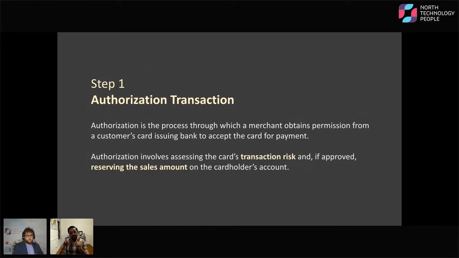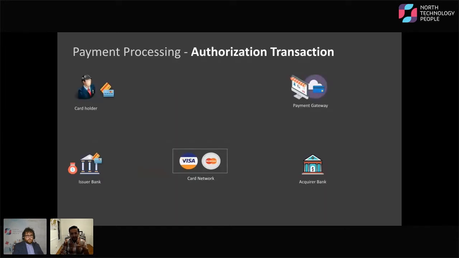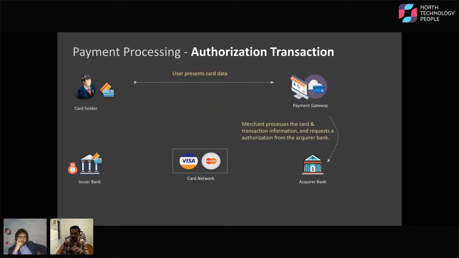The first step of a sale starts with an authorization transaction. So let's look at all these parties involved. The cardholder presents the card data to the online shop, where the gateway compliantly receives this data. Maybe some of you have heard about PCI compliance. This is the part where the payment gateway is responsible for making sure that that portion is PCI compliant. It is also responsible for triggering this request to start.